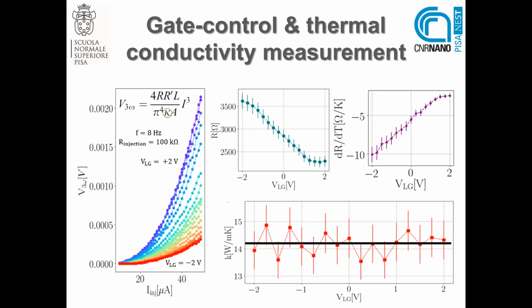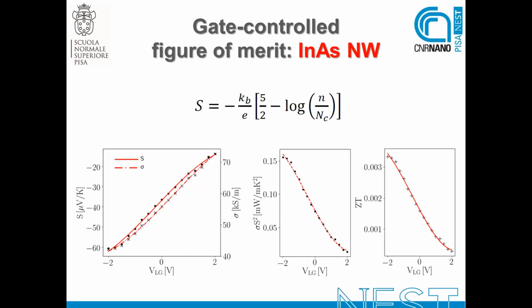So at this point, in order to get the full figure of merit of our device, what we did was to use a simple relation between the Seebeck coefficient S and the electrical conductivity. This is the Stratton formula, which relates indeed the electrical conductivity and the density of states, which can be calculated analytically, to the Seebeck coefficient.